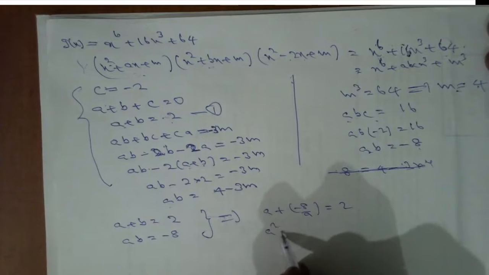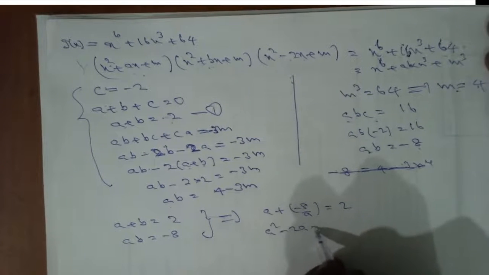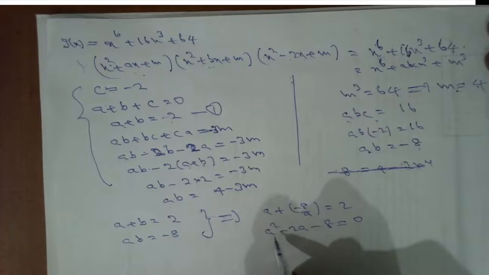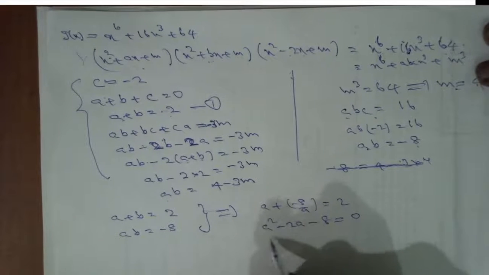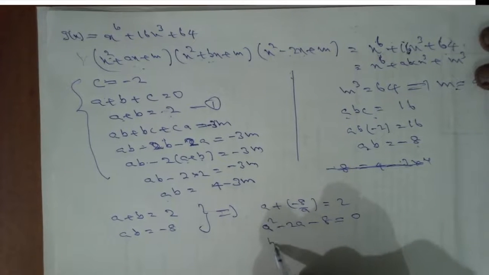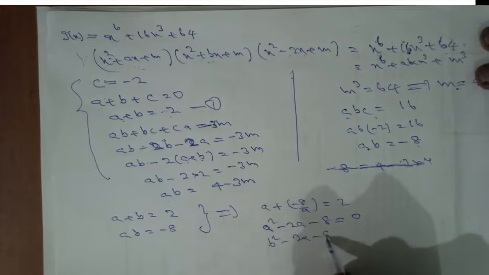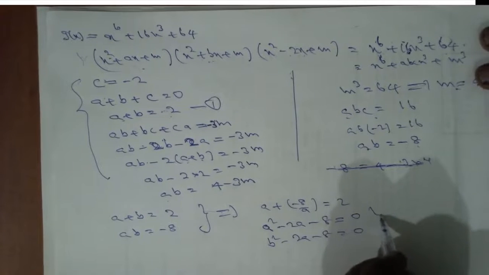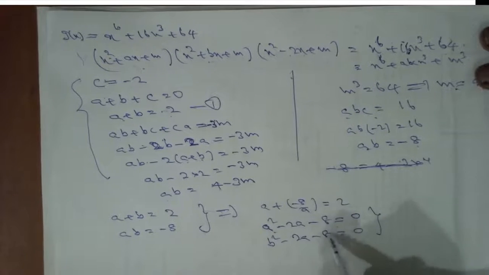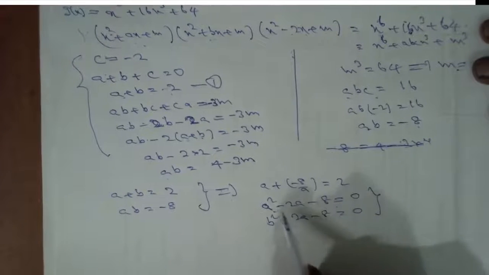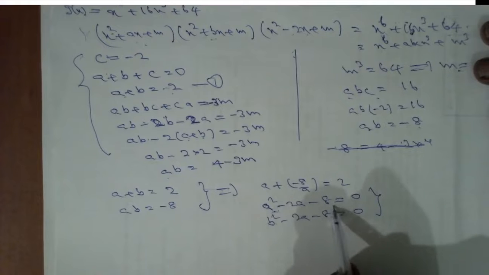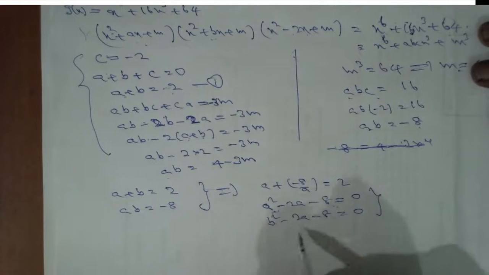Then a squared minus 2a minus 8 equals 0. Similarly, you can get b squared minus 2b minus 8 equals 0. This means a and b are roots of the same equation, so if you solve one equation, you can find both a and b.